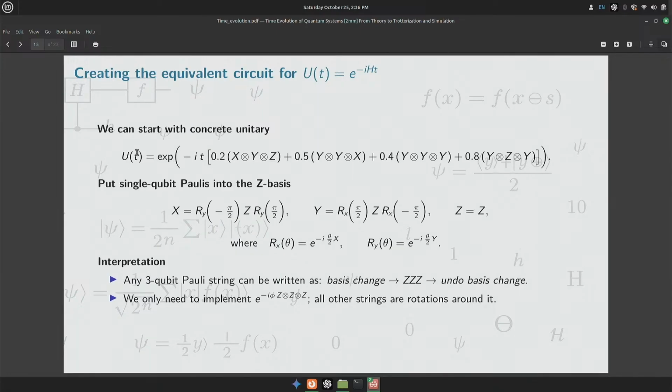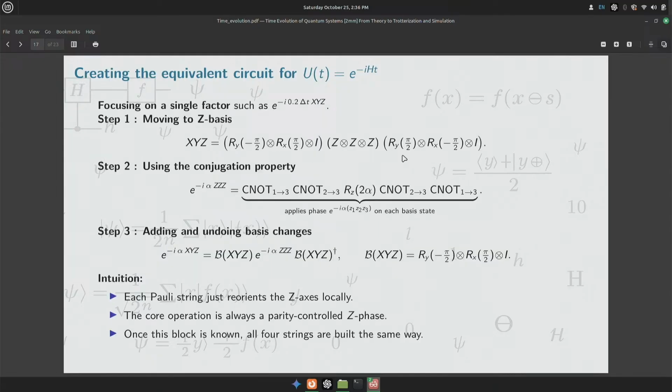With my unitary operator, try to see how the circuit is actually being created. Then I can create the whole circuit of it. Once you understand the first step, the remaining steps become very easy. So that is exactly how the circuit has been built.